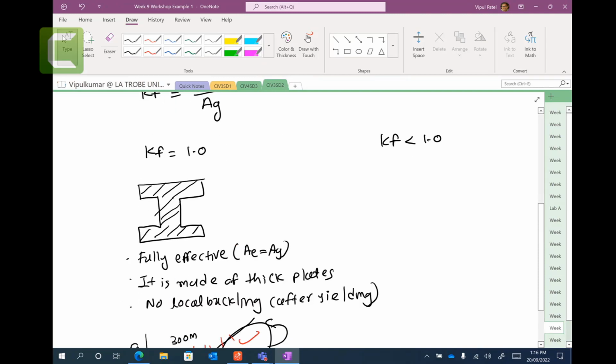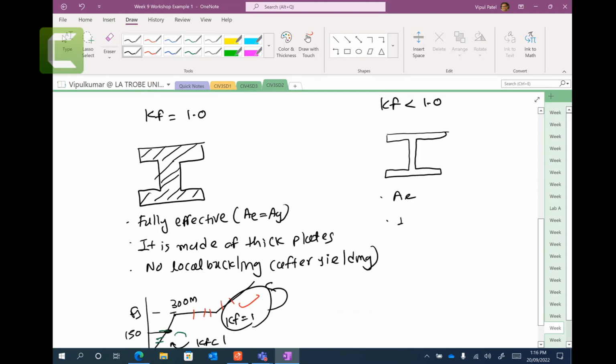So for KF less than 1, it is made of very thin plates like this, and then we need to calculate an effective area. It is made of thin plates, and local buckling occurs before yielding.